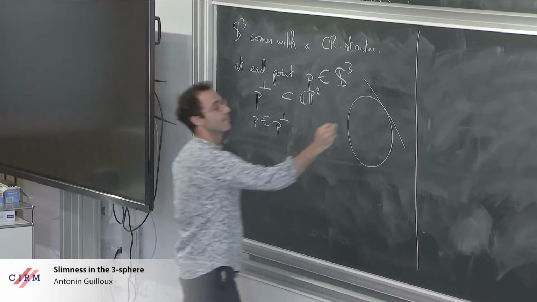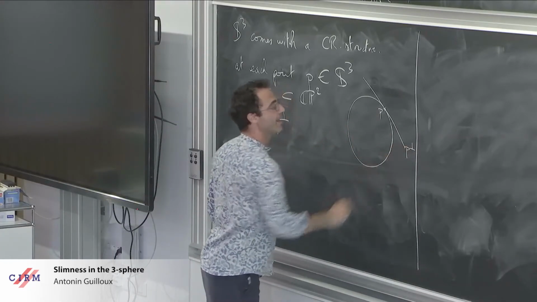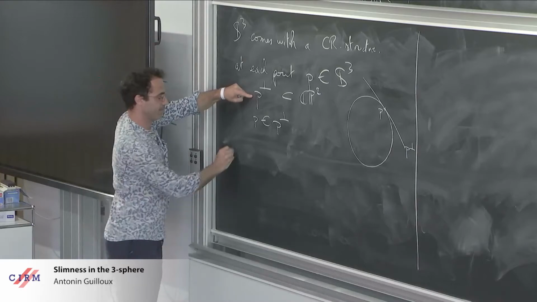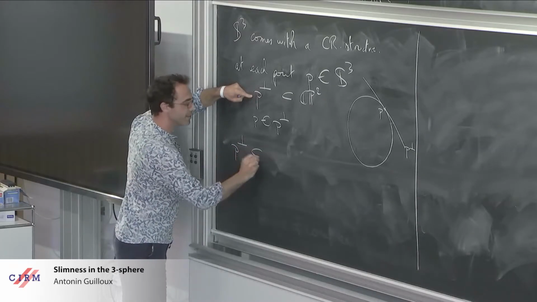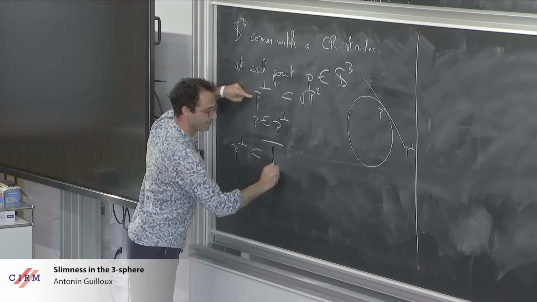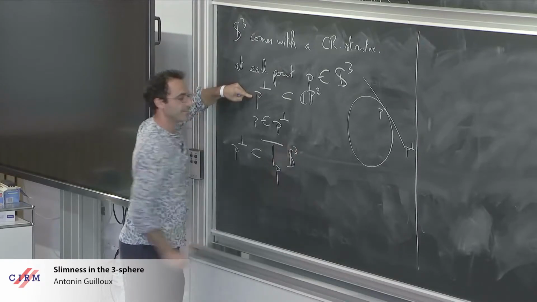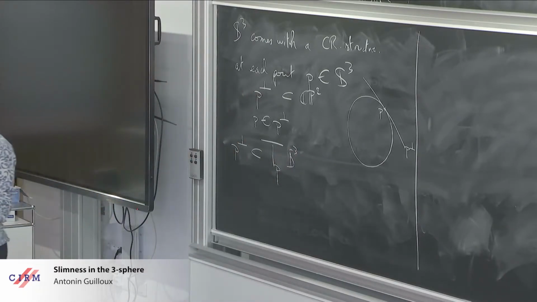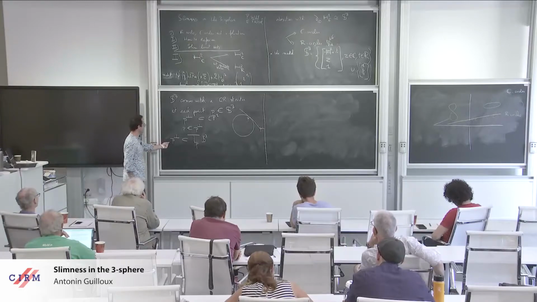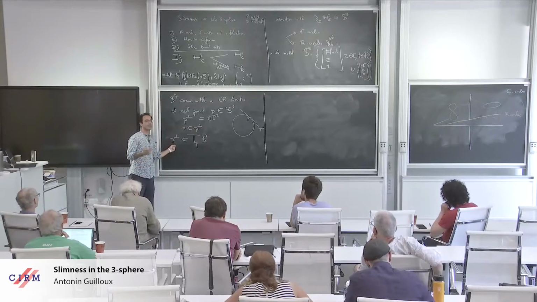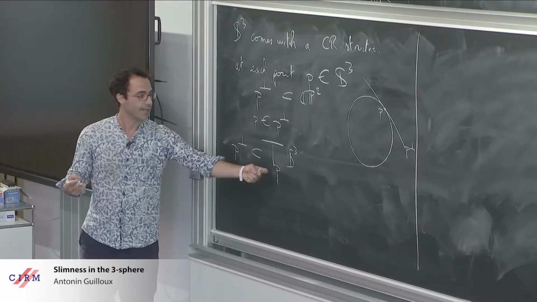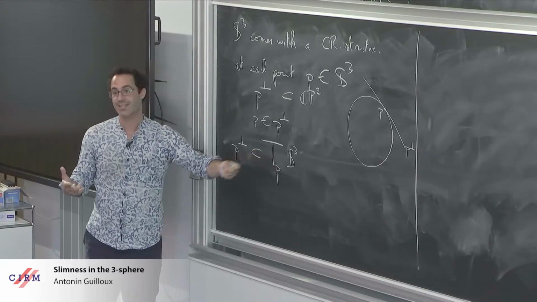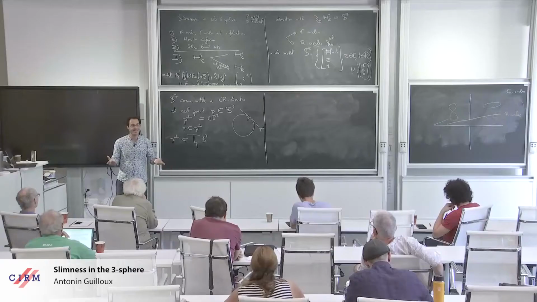So in fact, this line is included in the tangent space to the sphere at this point. This line is a complex line, so it is a two-plane, and the tangent space to the sphere is a three-dimensional space. Okay, this is a three-sphere.